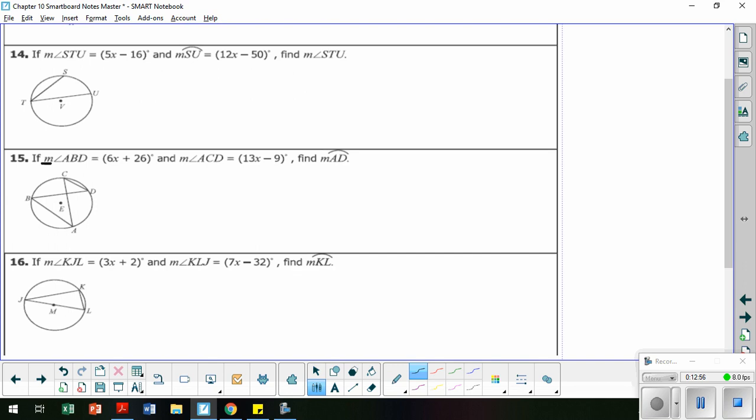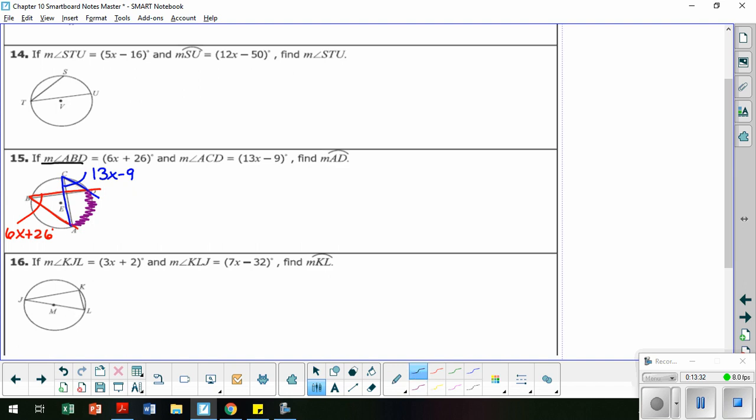So the measure of angle ABD, if that guy right there is 6x plus 26 degrees, the measure of angle ACD, that angle right there, is 13x minus 9. Find the arc, which is find this arc right here.